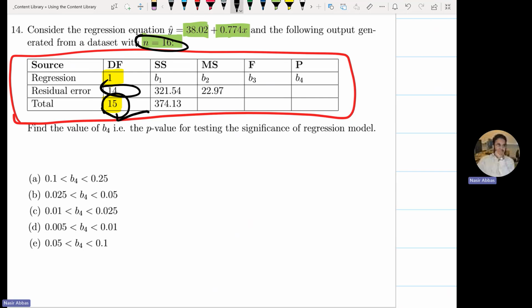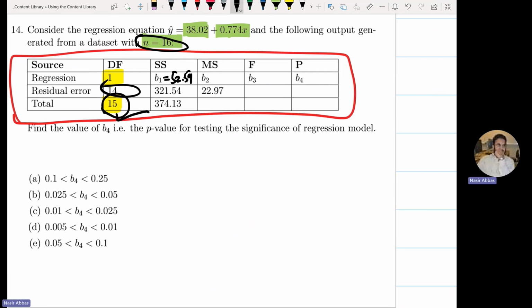So SST minus SSE. Do it on your calculators. 52.5.